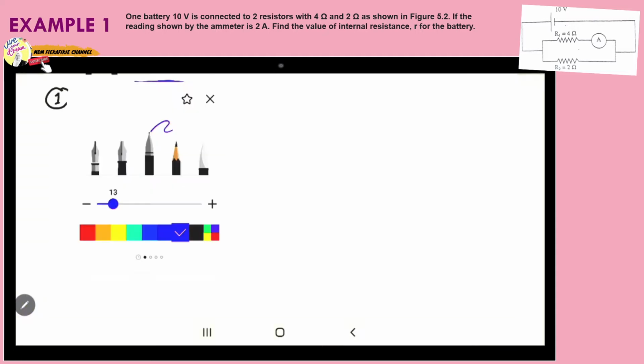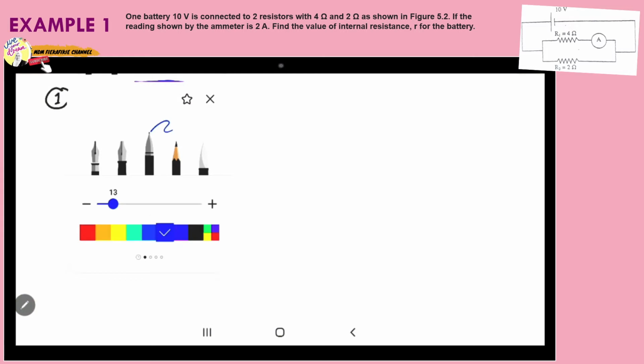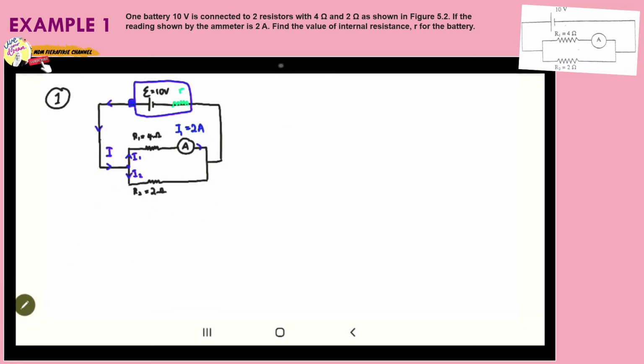Let's write here, the blue color here is I1. So here we have I1 and here we have I2, and when they meet together at this junction, they will combine, and here is I.